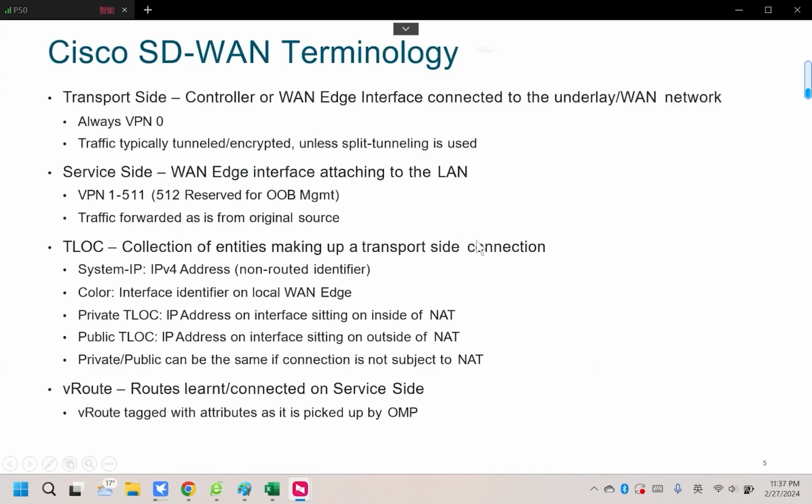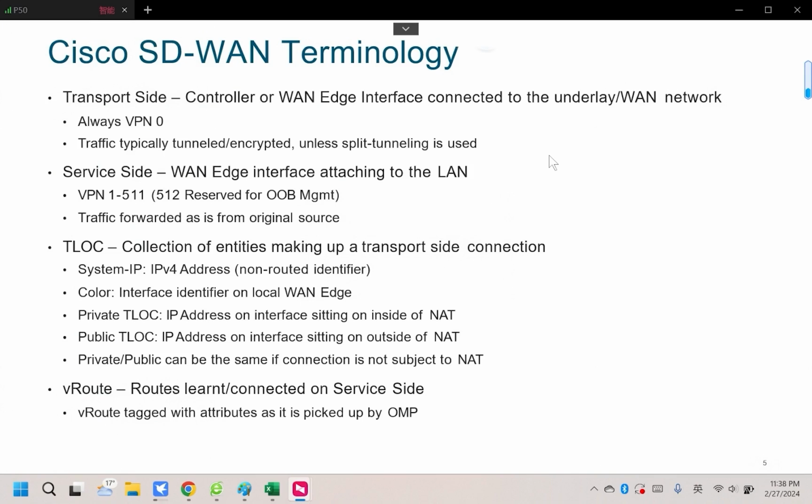Okay. Next, there will be a series of terms. They are very important. Let's look at the first one, transport side, which is very simple. We just need to think of it as a physical circuit. For example, our Ethernet lines, our MPLS lines, our LTE 5G lines.